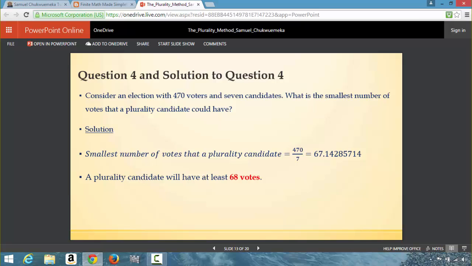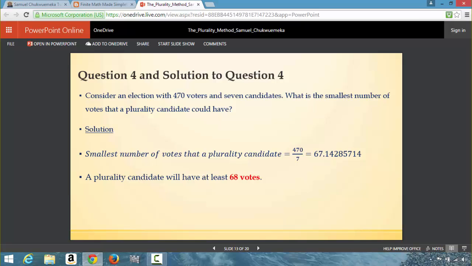Question 4. Question 4 is: consider an election with 470 voters and 7 candidates. What is the smallest number of votes that a plurality candidate could have?